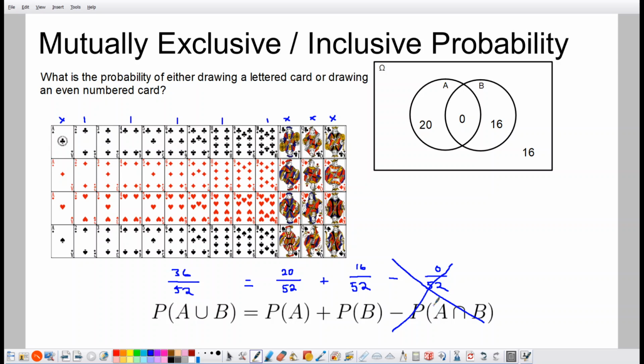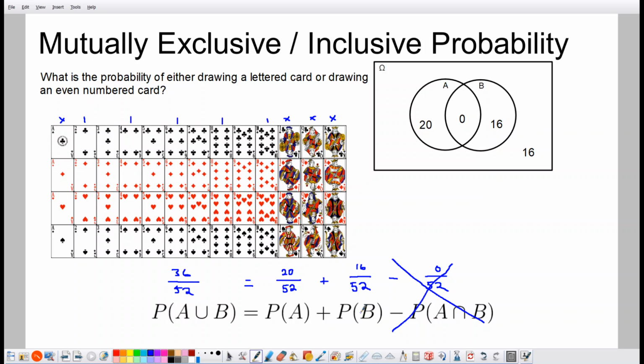Now, another thing that we could tackle is perhaps I don't know what all the different events are or how they're laid out, but I do know, say, the probability of A union B, or A or B occurring, and I also know the probabilities of A and B occurring.